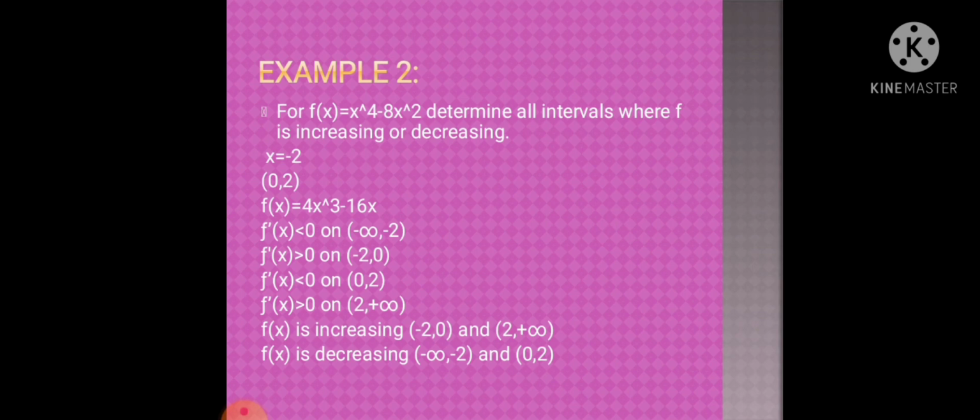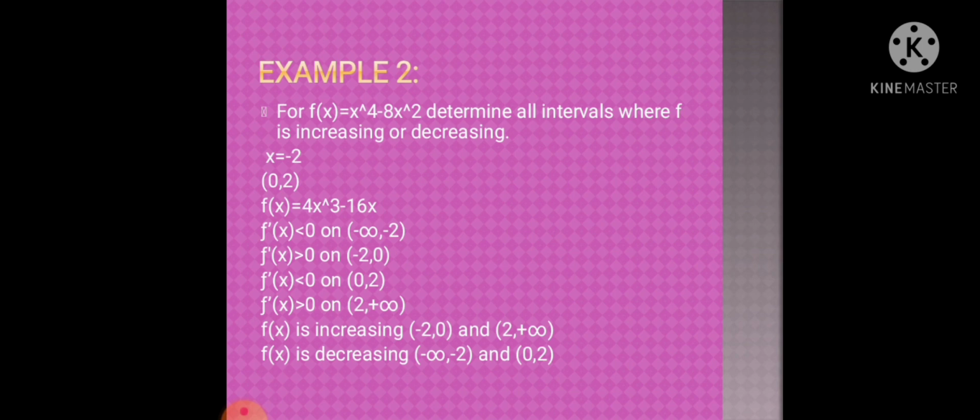Example number 2. For f(x) is equal to x to the power of 4 minus 8x squared, determine all intervals where f is increasing or decreasing. The critical numbers are x is equal to negative 2, 0, and 2. So f'(x) is equal to 4x cubed minus 16x.